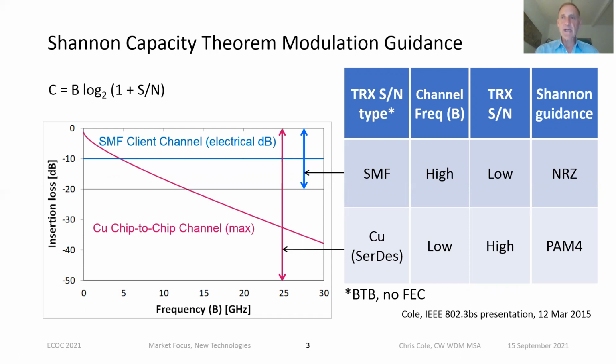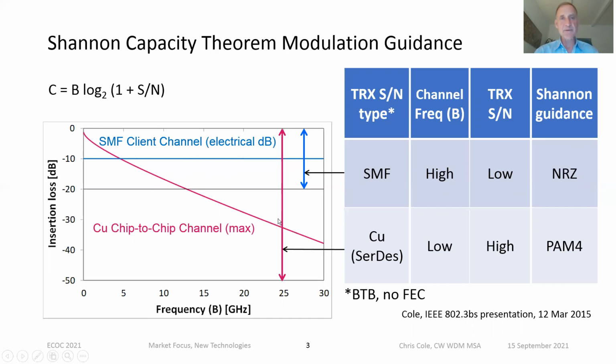So now if we look at the channels of interest in optical datacom, in blue, we have the single mode client channel, which is shown in electrical dB loss to be able to compare it to the copper channel. We see that for the frequencies of interest for data signaling, it's basically flat.